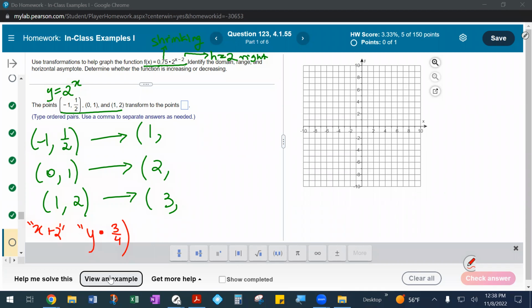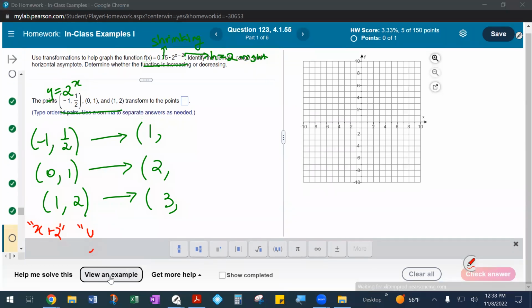So what will our new y values look like? What is 1/2 times 3/4? 3/8. Very nice. One times 3/4 gives me 3/4. Very good. And 2 times 3/4.